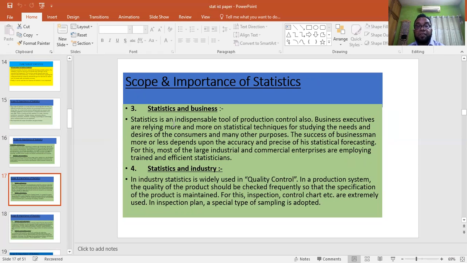Statistics and business. Statistics is an indispensable tool of production control. Business executives are relying more and more on statistical techniques for studying the needs and desires of consumers and many other purposes.